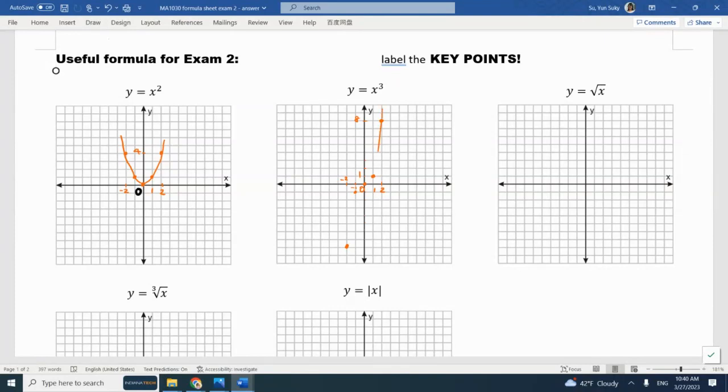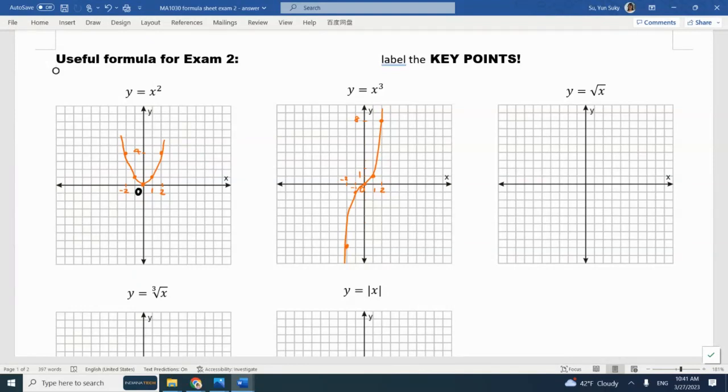And then we connect them together. Boom. How many key points do we have? 5. Write it down on your sheet.